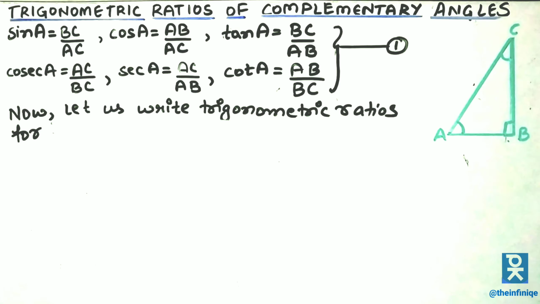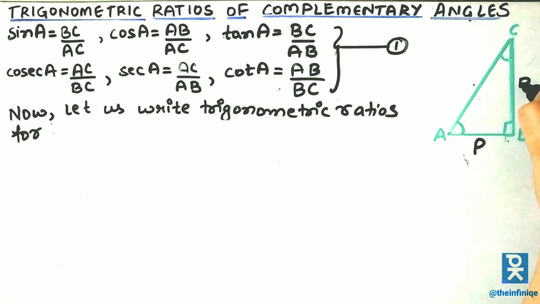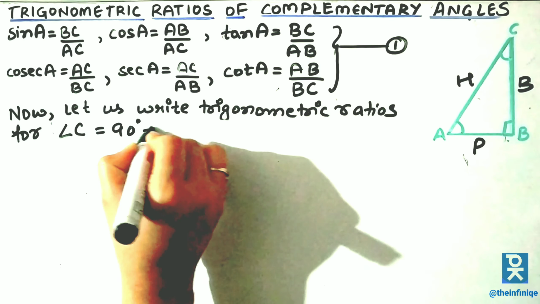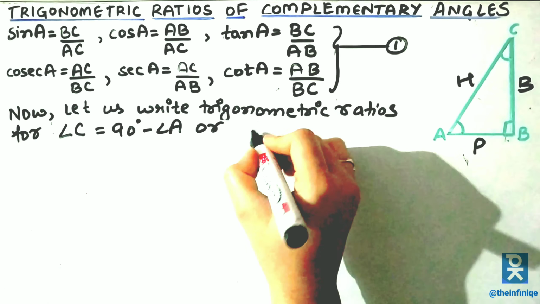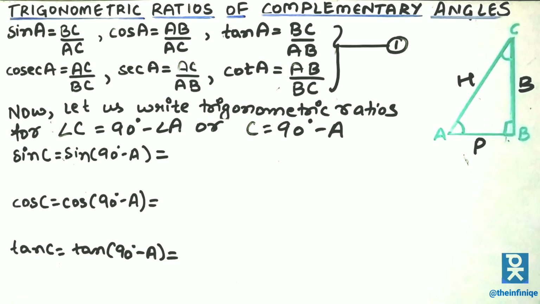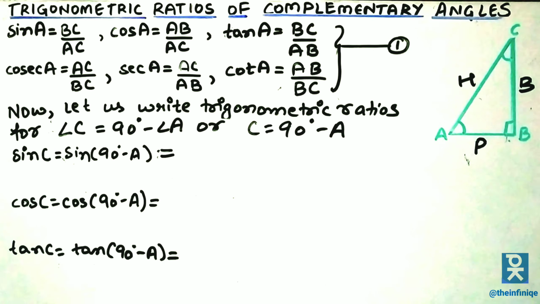Now let us write trigonometric ratios for angle C. For angle C, AB will be the perpendicular, BC will be the base, and AC will be the hypotenuse. For angle C, which is equal to 90 degrees minus angle A, sin C, or we can write sin of 90 degrees minus A, is equal to perpendicular upon hypotenuse, and here perpendicular is AB and hypotenuse is AC.